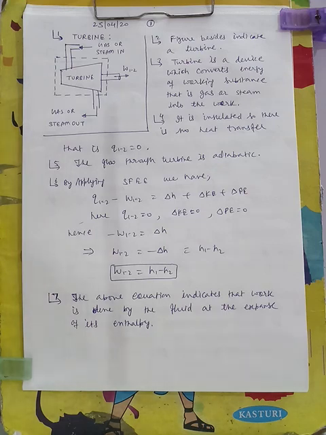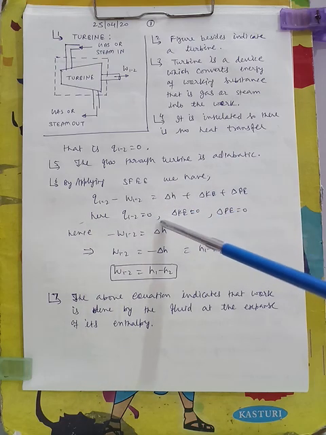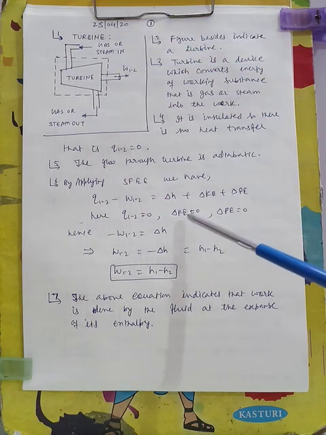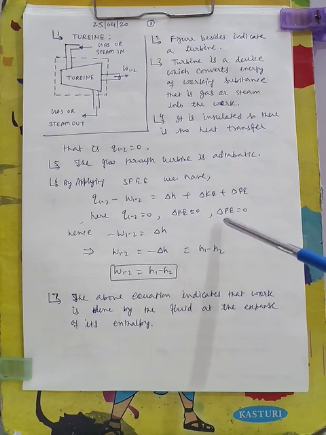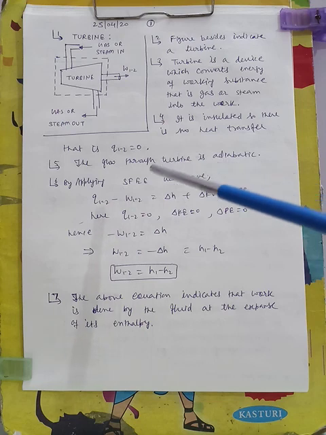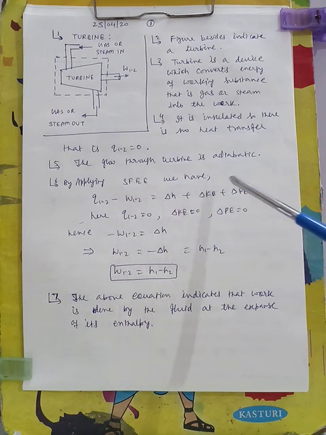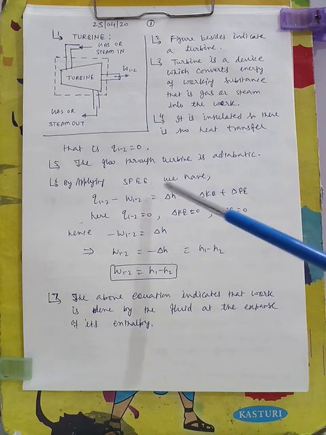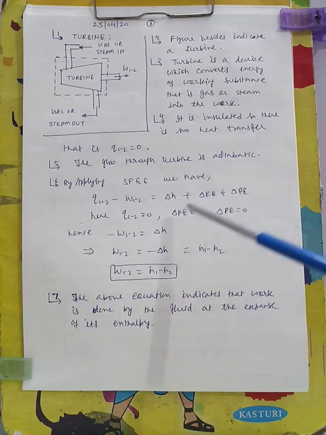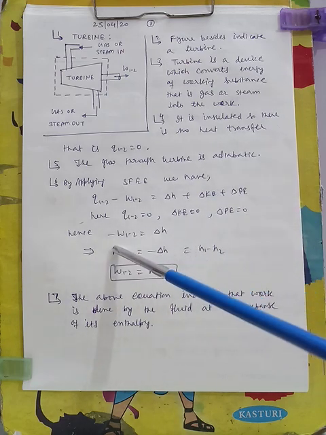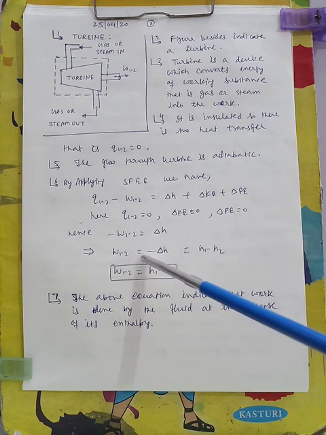But as we know, heat transfer here in turbine system is 0 because it is insulated, and change in kinetic energy is also 0, and change in potential energy is also negligible. It can be taken as 0. So when we put all the things here, Q12 is 0, change in kinetic energy 0, change in potential energy 0, the equation turns into this format: minus W12 is equal to delta H. W12 is equal to minus delta H.